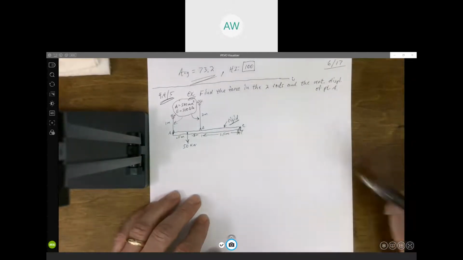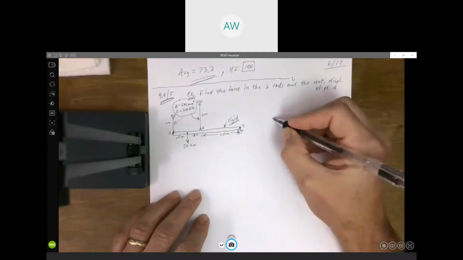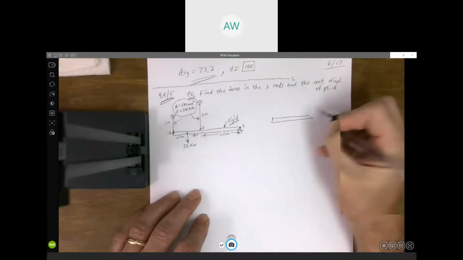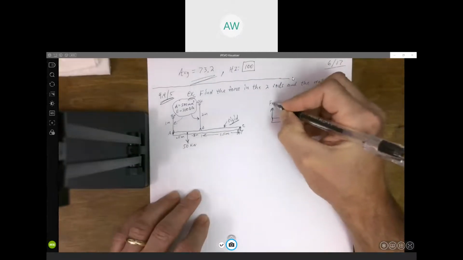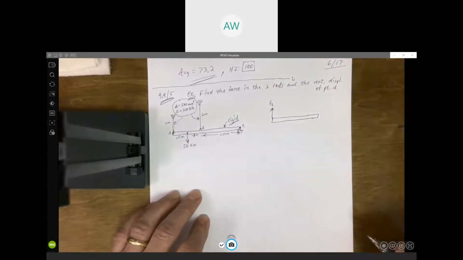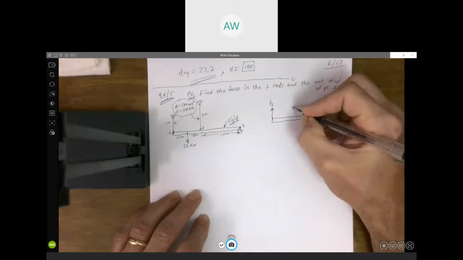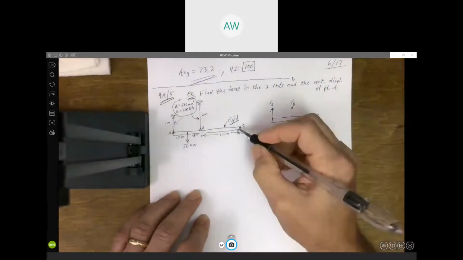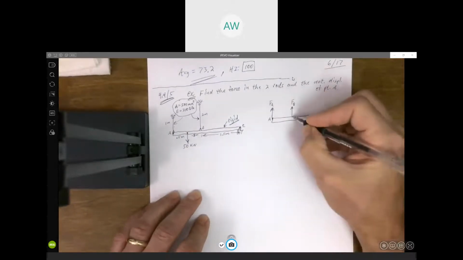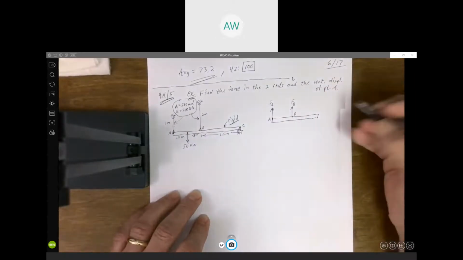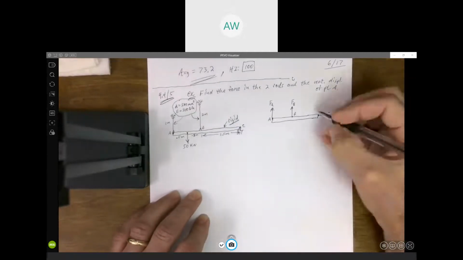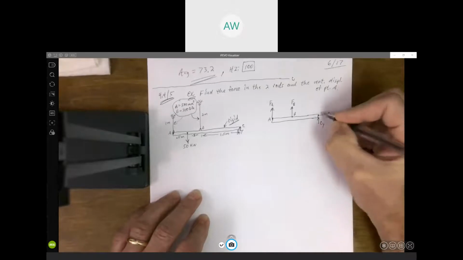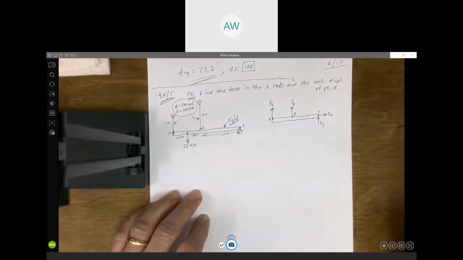All right, so as we draw the free body diagram of our beam here, we're going to have some force in the rod at A, I'll call it FA. There's going to be some force in the rod at B, we'll call it FB. At our pin support, we've got support reactions as well: a horizontal support reaction, I'll call it CX, and a vertical support reaction, we'll call CY.